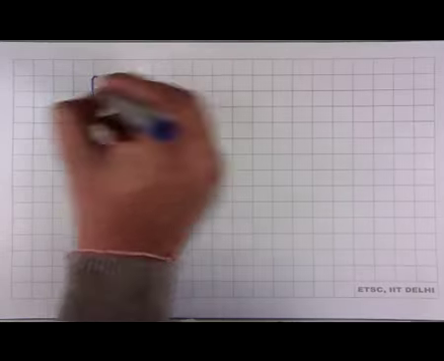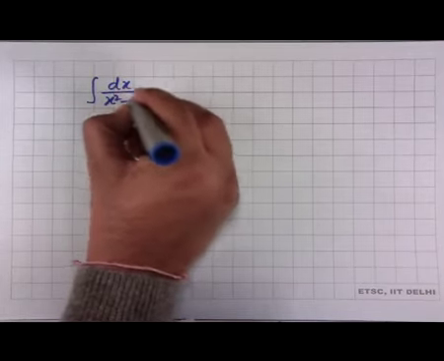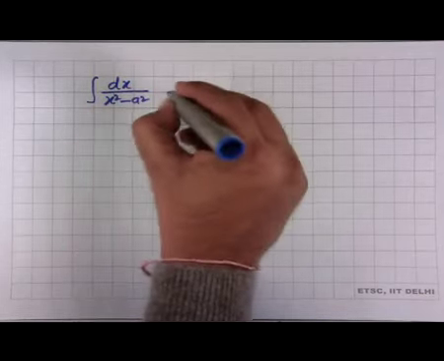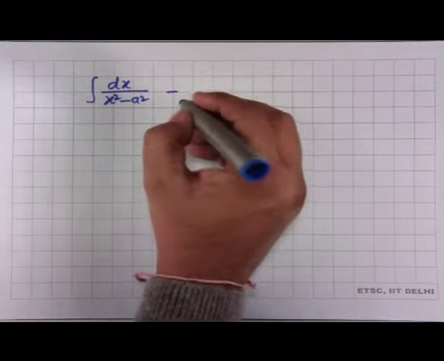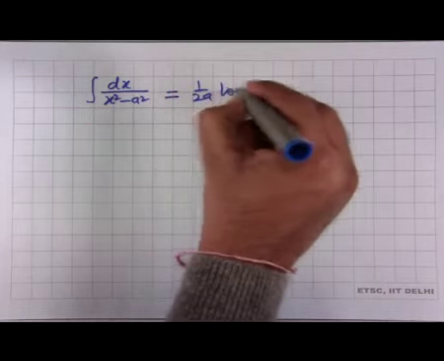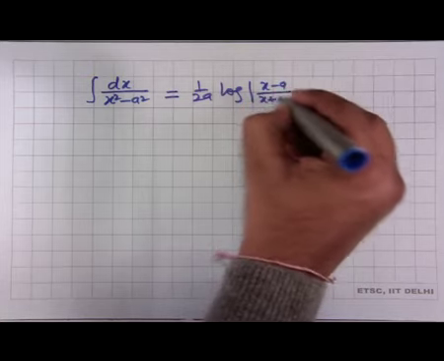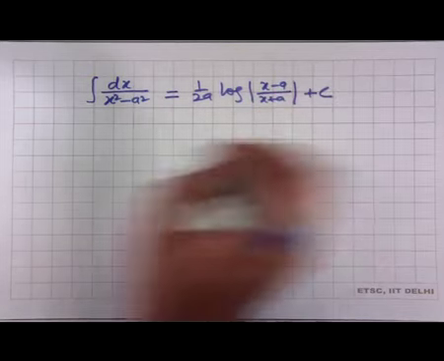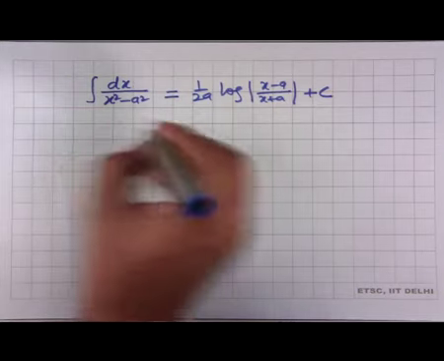So, let us choose the example of one integral which we have already done, dx over x square minus a square. We already know the value of this integral as 1 by 2a log of (x minus a) over (x plus a) plus constant. So, what if we solve it using partial fractions?